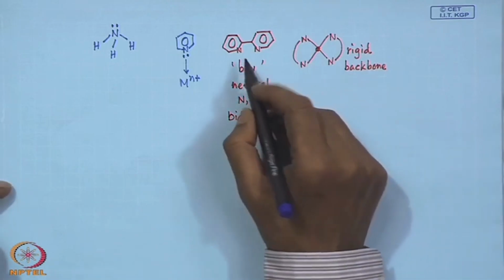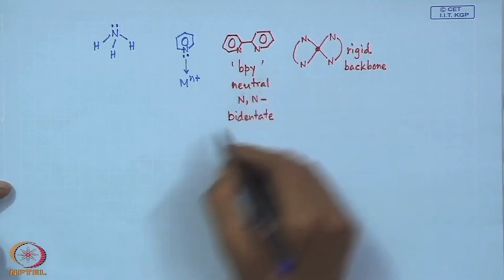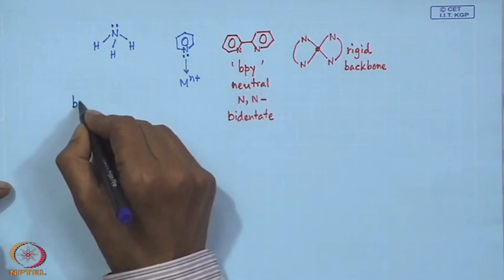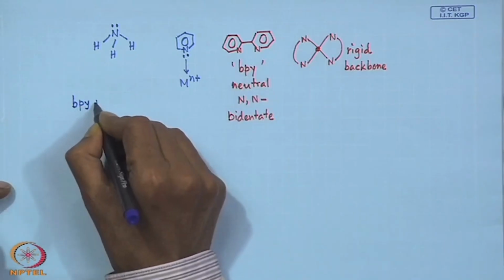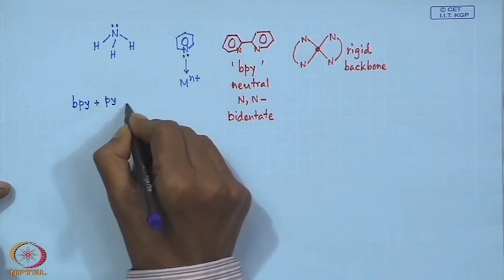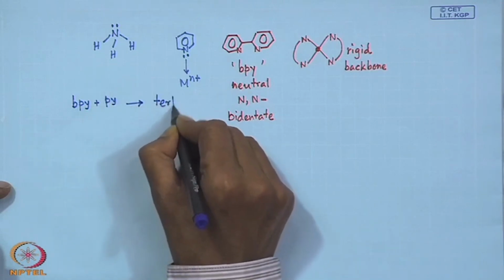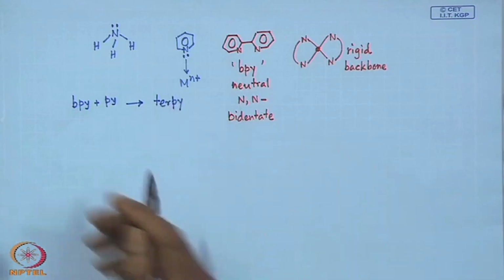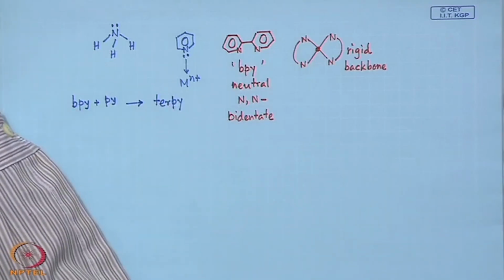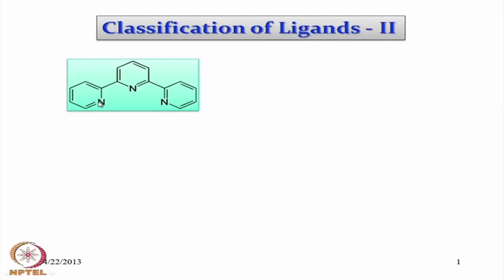Similarly, if we go for the third one, that means the BPY backbone plus another PY, we get the ligand known as terpyridine. This is our terpyridine ligand, where we have 3 nitrogen donor atoms which are close to each other.